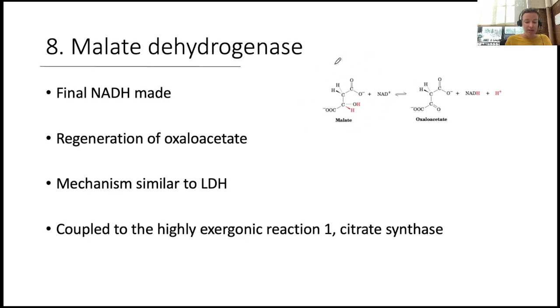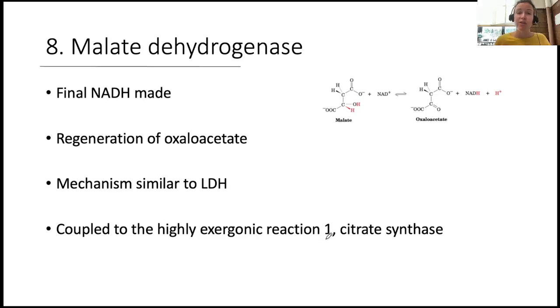In the process of this, we regenerate oxaloacetate from malate. So you can see how we started with oxaloacetate and ended with oxaloacetate. This mechanism is very similar to lactate dehydrogenase, so here's a similarity in that mechanism that we've already seen today.